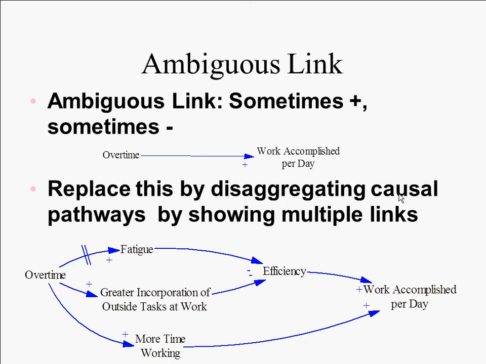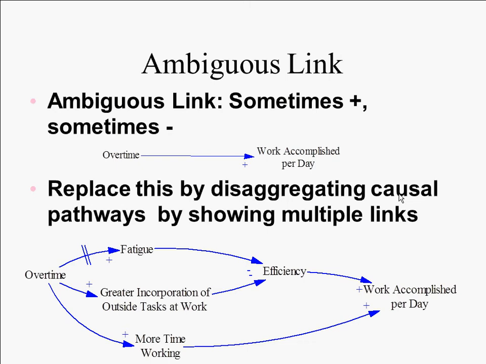So rather than attempting to say that if we increase overtime, it leads to more work accomplished per day than it otherwise would have had, instead, we unpack it. It's more complex than that. Overtime, for example, may lead to fatigue, and fatigue can lower efficiency. And efficiency, of course, itself is associated with more work accomplished per day.